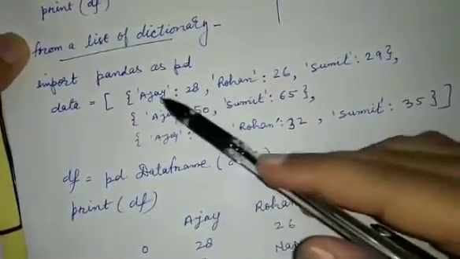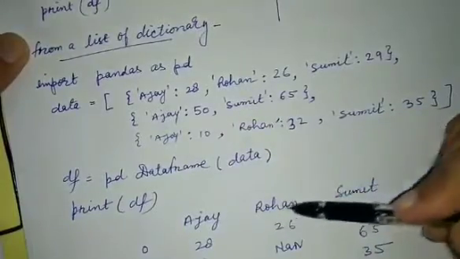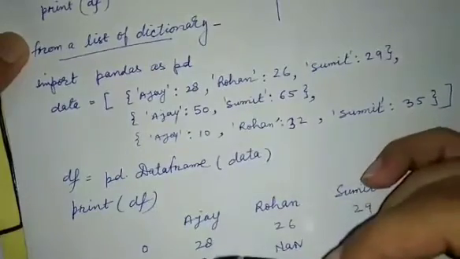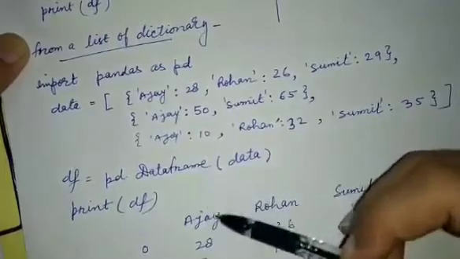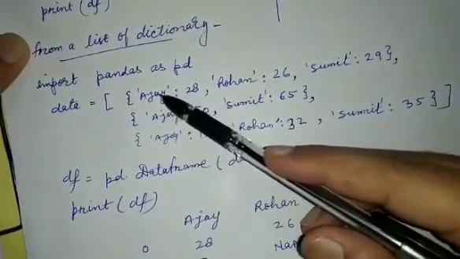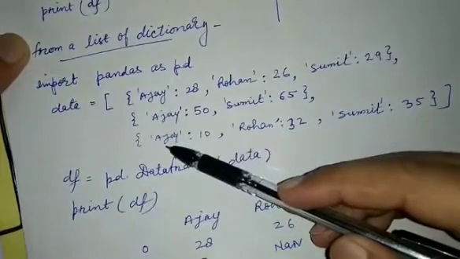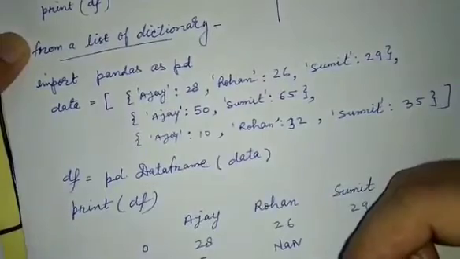Here the keys will be taken as the column names and their respective values will be arranged as the column values. So you have the Ajay key in all the three elements, so you have all the three values arranged.